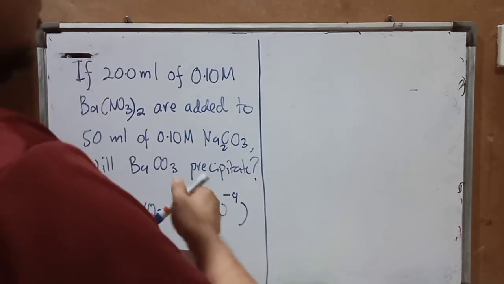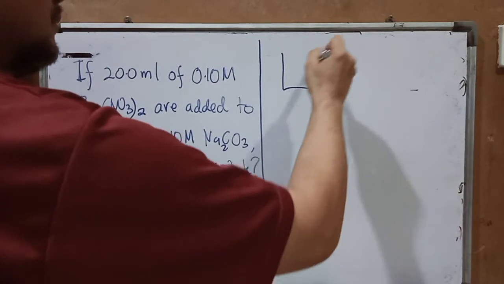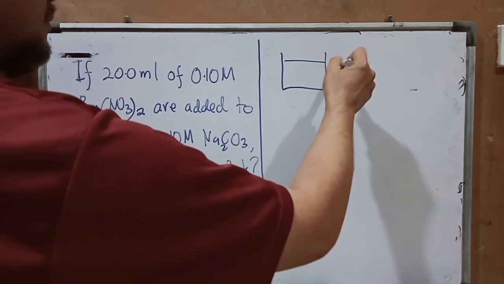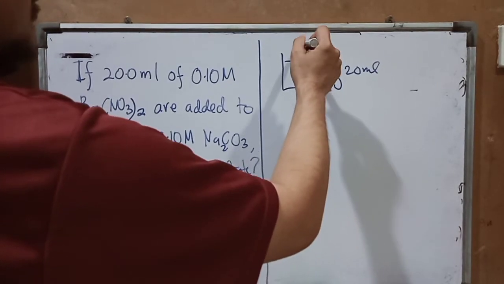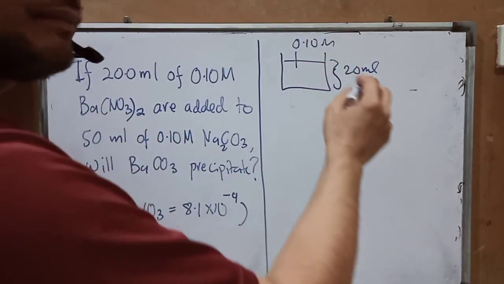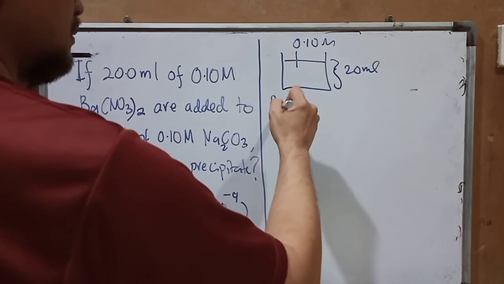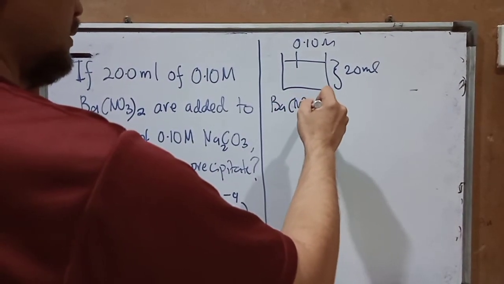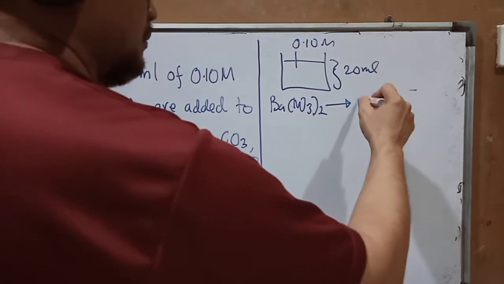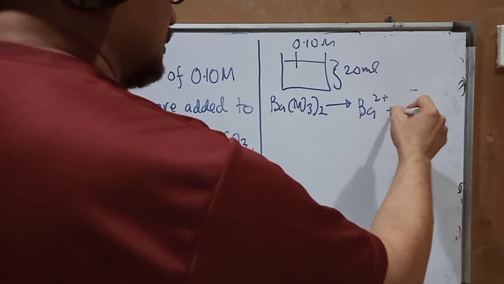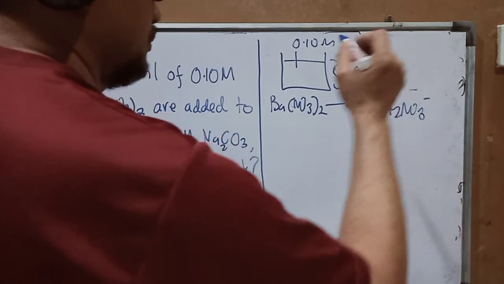First, we have to know that this is barium nitrate. The volume is 20 ml. Concentration is 0.1 molar. And then this barium nitrate will dissociate to form Ba2+ and 2 NO3-.